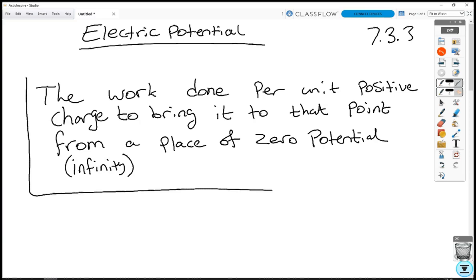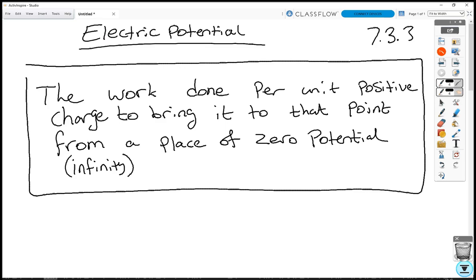And put a box around that definition. It's a definition you need to know.